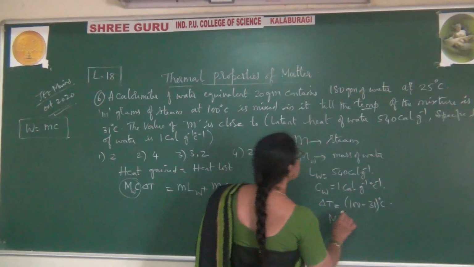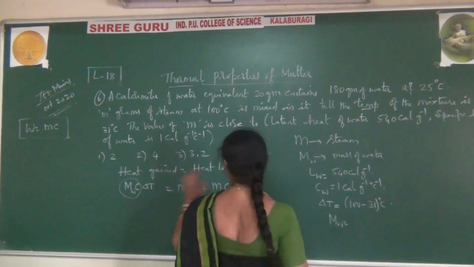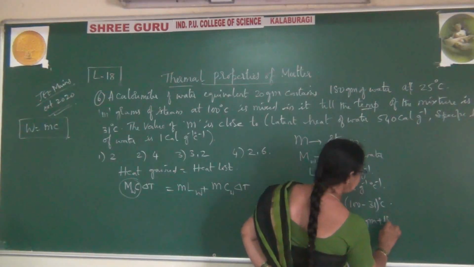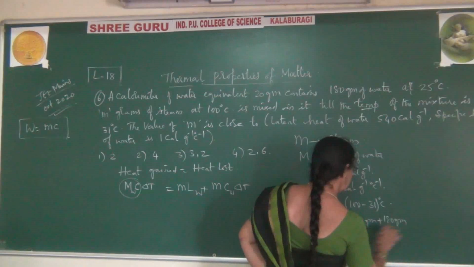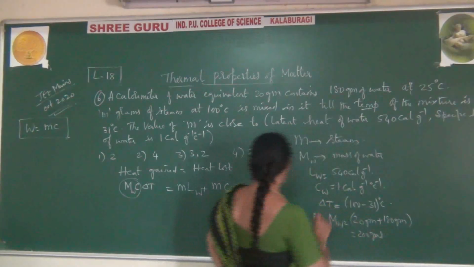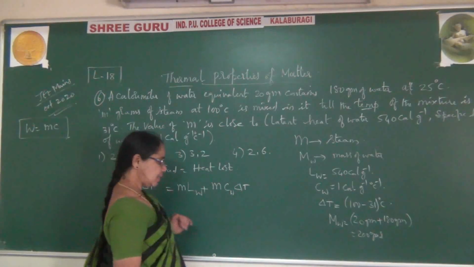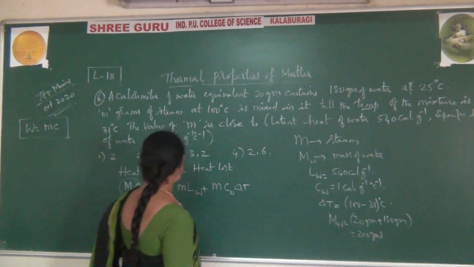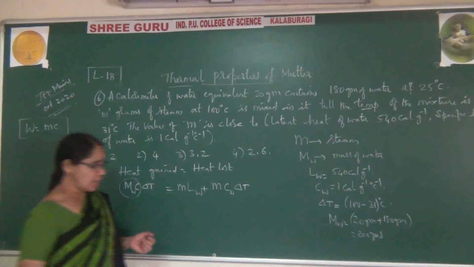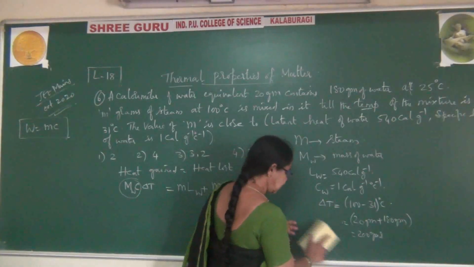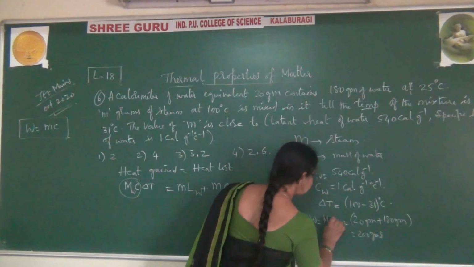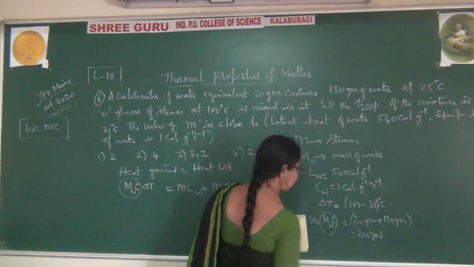What is the mass of water? Let us take the mass of water as 20 gram plus 180 gram, which is 200 grams. Hope you have followed this. That is M into C, in the water equivalent I have said. So the water equivalent itself is MW into C, MWC, which is 200 grams.